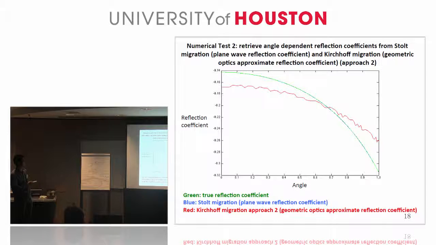You can see they are quite close. And the red line shows the Kirchhoff migration approach 2, which gives us a geometric optic approximate reflection coefficient. We can see this geometric optic approximation does not give us nothing, but it is not as good as the plane wave reflection coefficient.